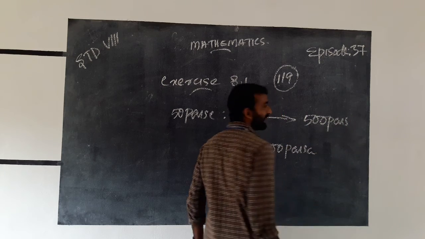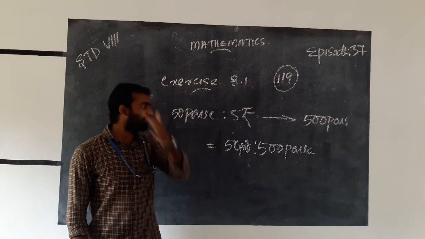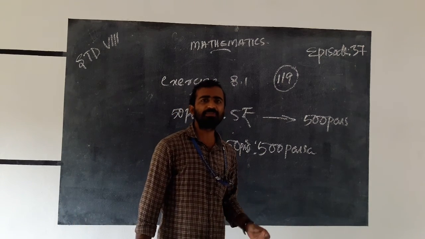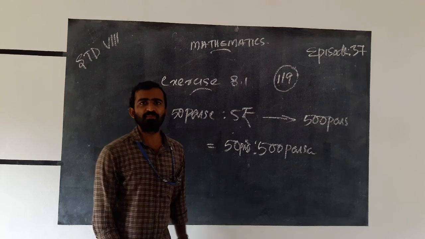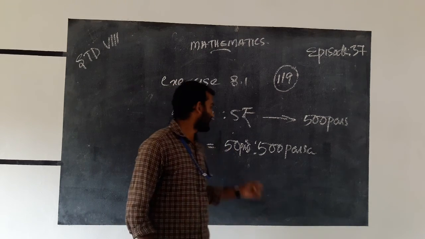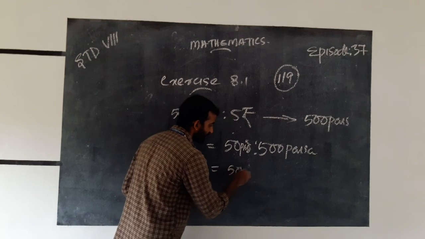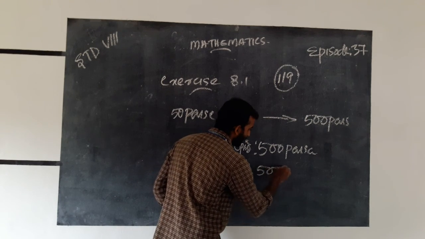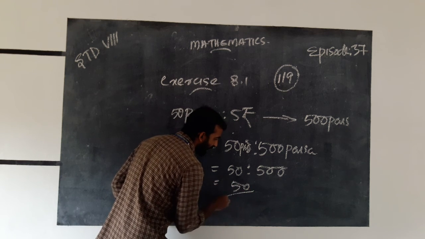When we find ratios, we convert the units to the same. That is, we convert the units to standard form. Rupees in standard form is paisa. So we can write it as 50 is to 500, that is 50 by 500.